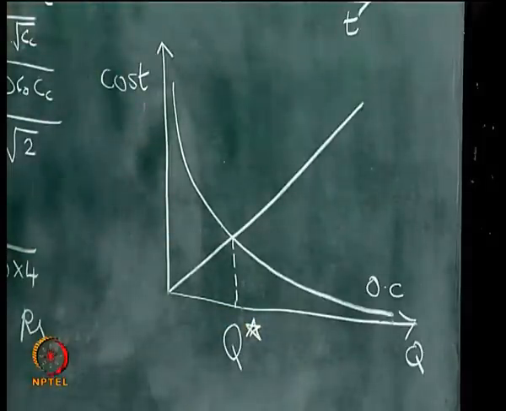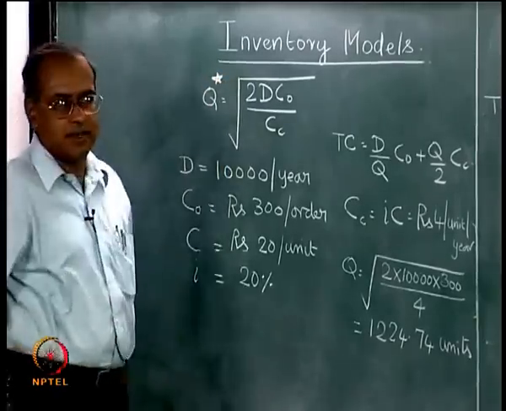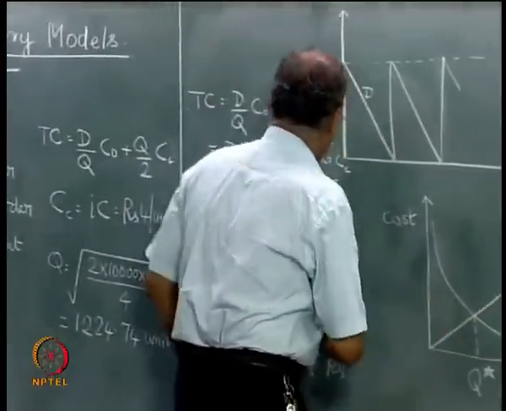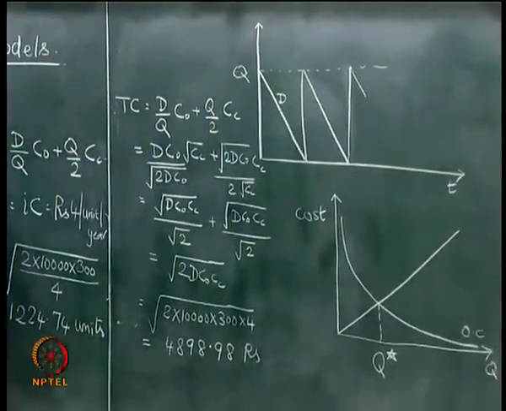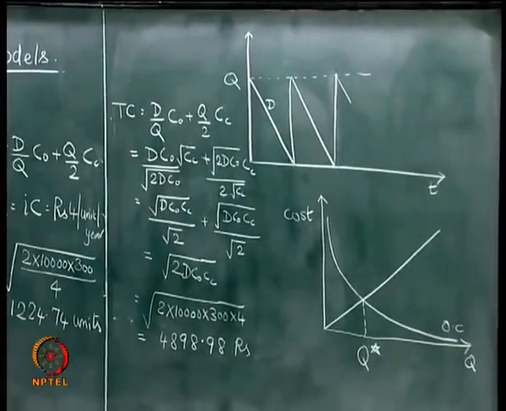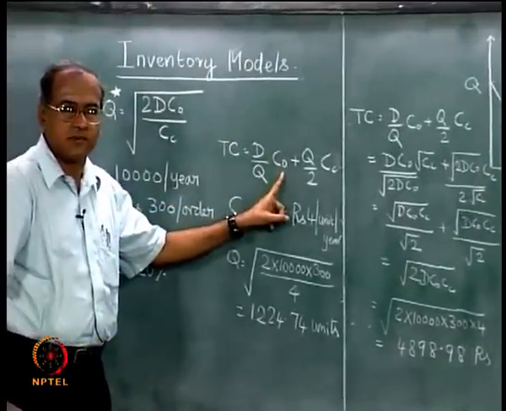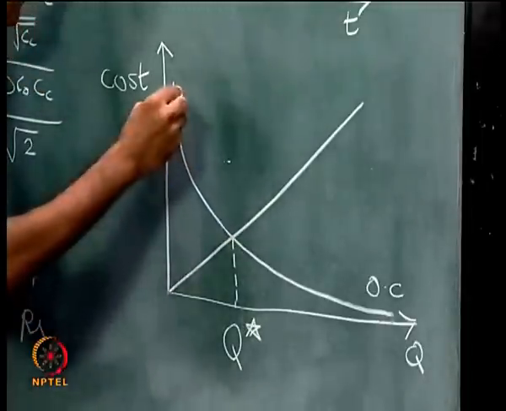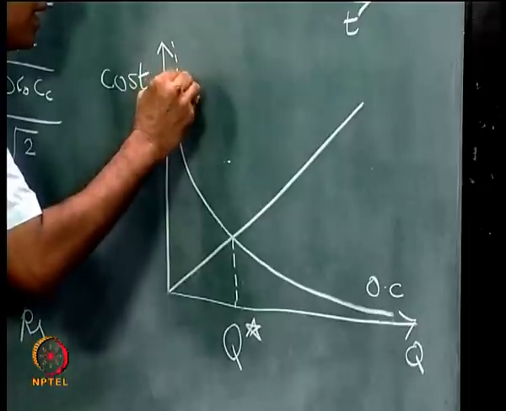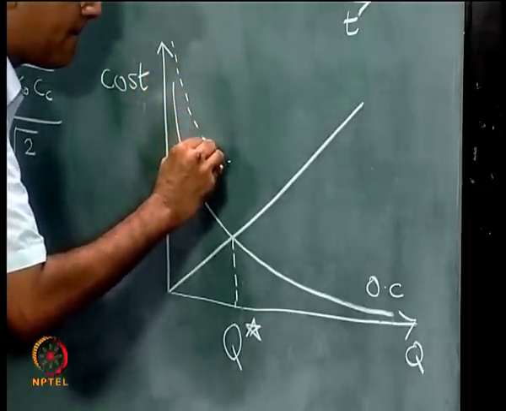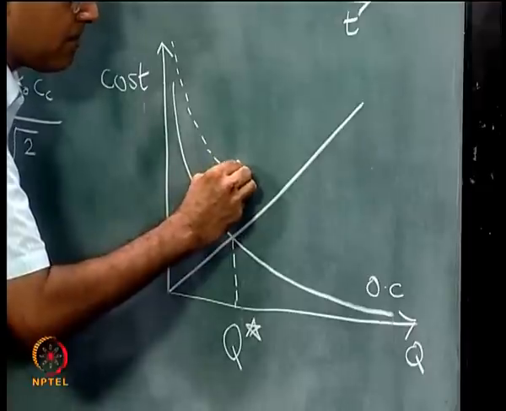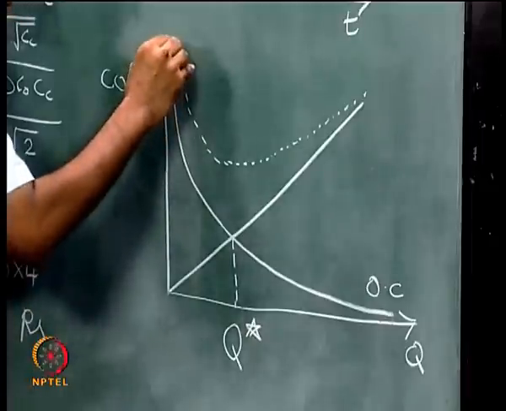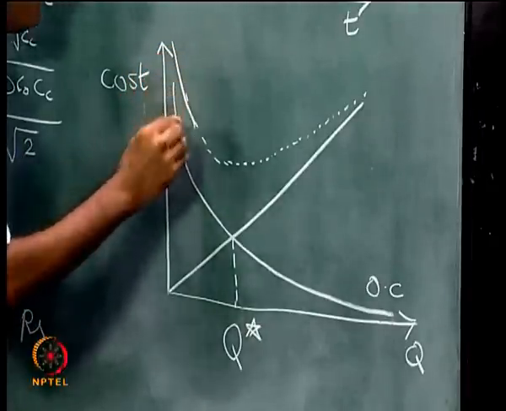You can write Q star equal to, the best value of Q is called Q star. And this is the place where the total cost is also minimized, because we are substituting this, which is the minimum value, into the total cost function. So, these two are equal. So, this is the point. So, the total cost curve will actually look like this.